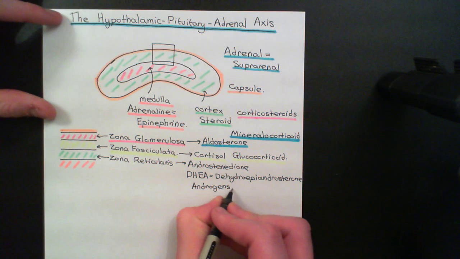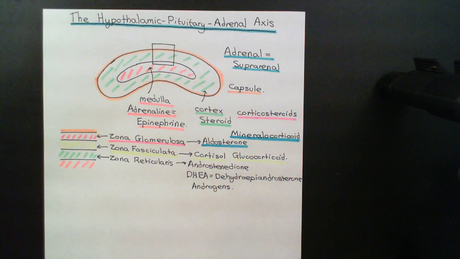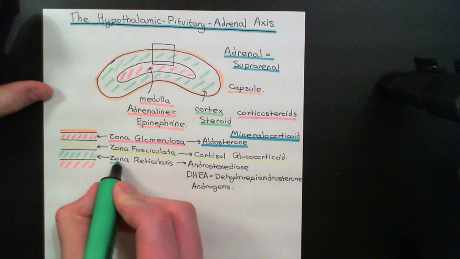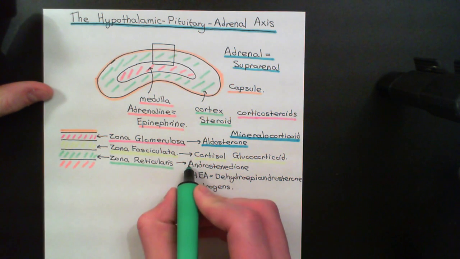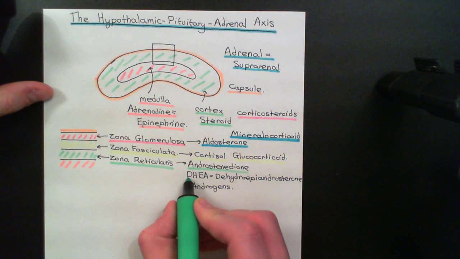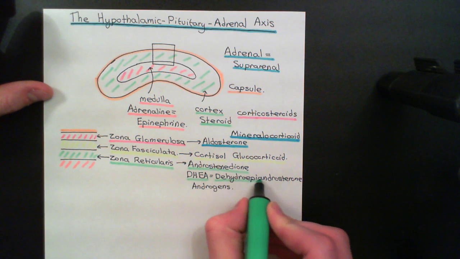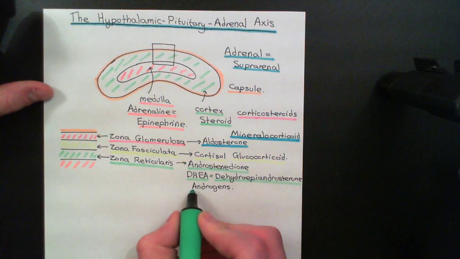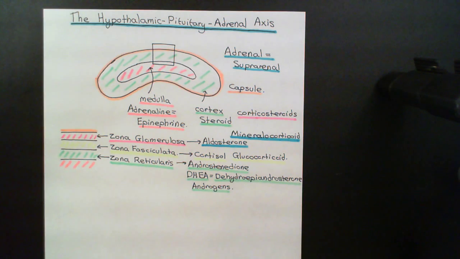They're both steroids produced by the adrenal cortex, and hence they are corticosteroids. Okay, right, so I'll just underline everything in green. So this is zona reticularis, the bottommost layer of the adrenal cortex, which produces the androgens, and here are some examples: androstenedione and dehydroepiandrosterone.